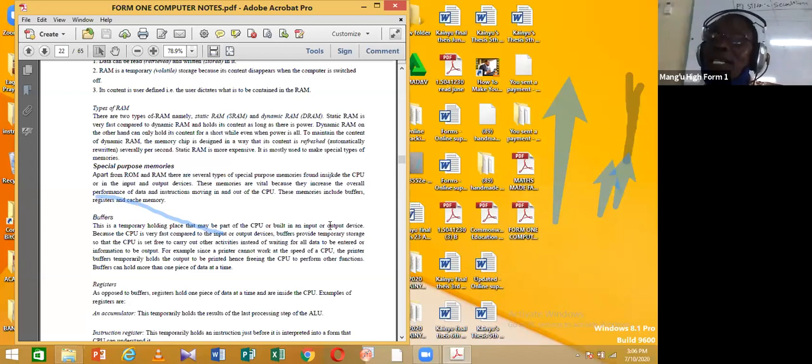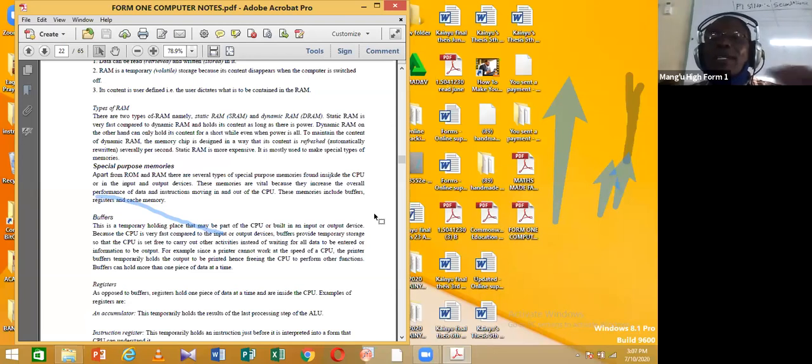This data, once it enters into the computer system, is stored somewhere. And there are 2 areas, as we have seen, where data can be stored, either in a temporary manner or in a more permanent manner. The more permanent manner, we call auxiliary storage, or secondary storage, while primary storage is what we have been discussing, which we call main memory.